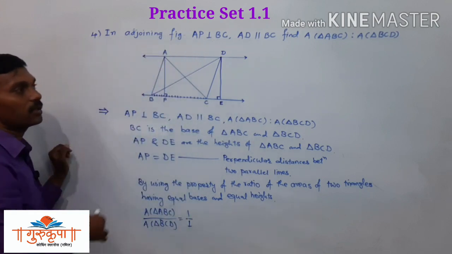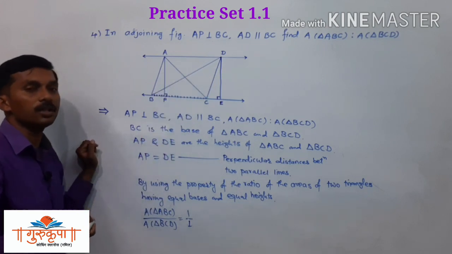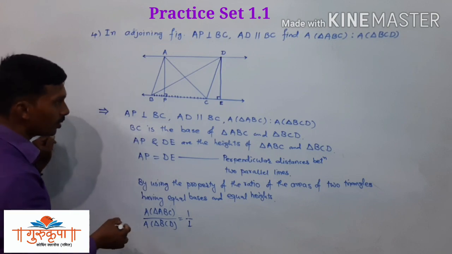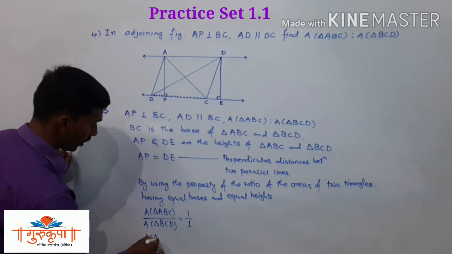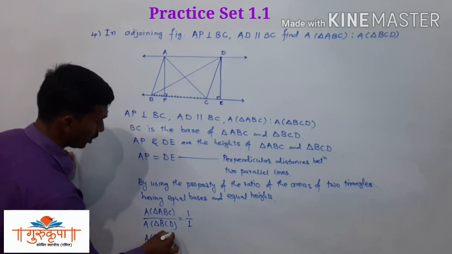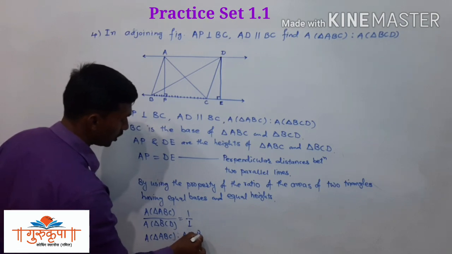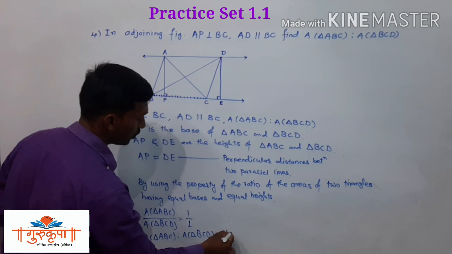See, the answer of the question is: area of triangle ABC to area of triangle BCD is equal to 1 upon 1, or simply we can write it as 1:1.